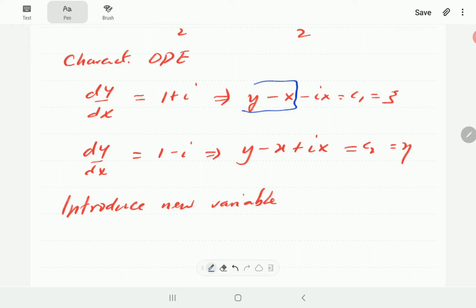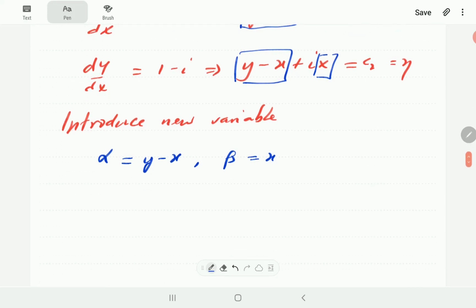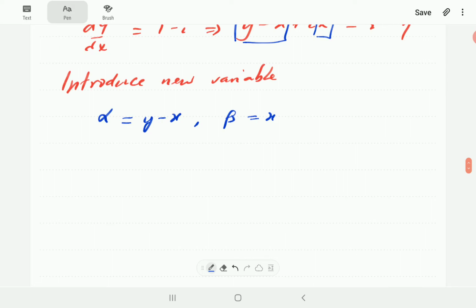So this is the real bit, just the same for this one, and that's your imaginary bit and negative for that one. So what we're going to do is we're going to let alpha be y minus x, and beta be x. Even if you choose the minus x, it still will work out okay.